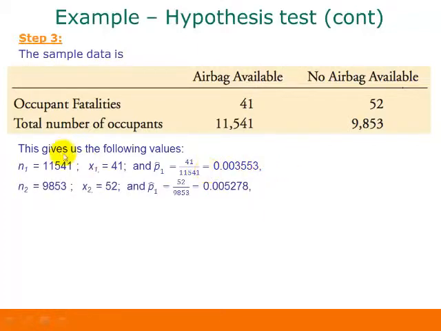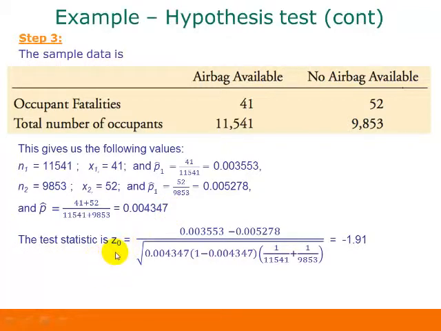For the second sample, we have a sample size of 9,853, 52 successes, and here's our sample proportion. Now for this we have to do our pooled sample proportion, so we take our two numbers of successes, add those on the top, and we take our two sample sizes and add those on the bottom. So there's our pooled sample proportion.